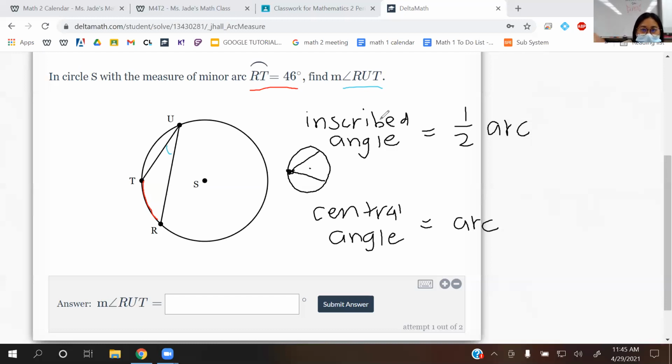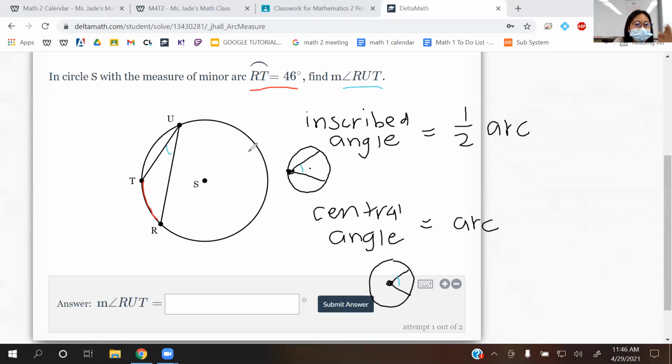For a central angle, you can probably guess or remember that the vertex is at the center of the circle. So this would be a central angle. So inscribed angle has the vertex on the circle, central angle has the vertex at the center. And based on the situation we're given in the problem, we'll know which equation to use.